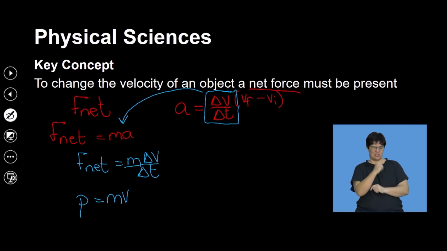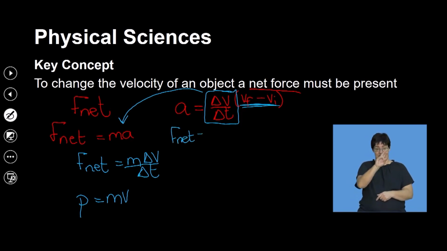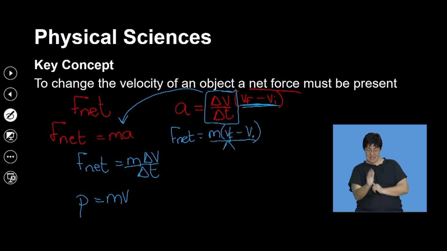So actually, I can rewrite this equation again. Okay, so now I'm going to expand it. So instead of delta V, I'm going to put this. Okay, so keep with me. So F net is equal to m (VF minus VI) over delta t.